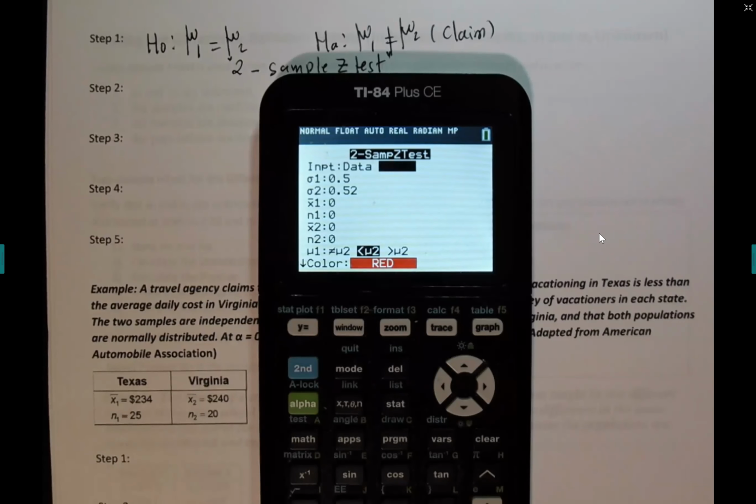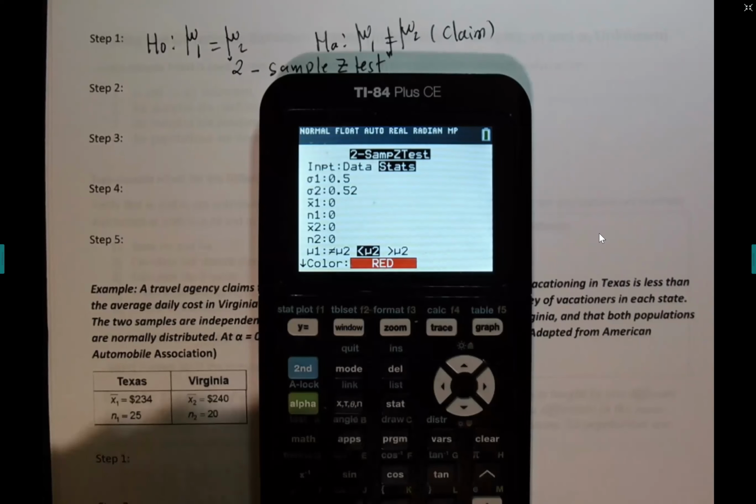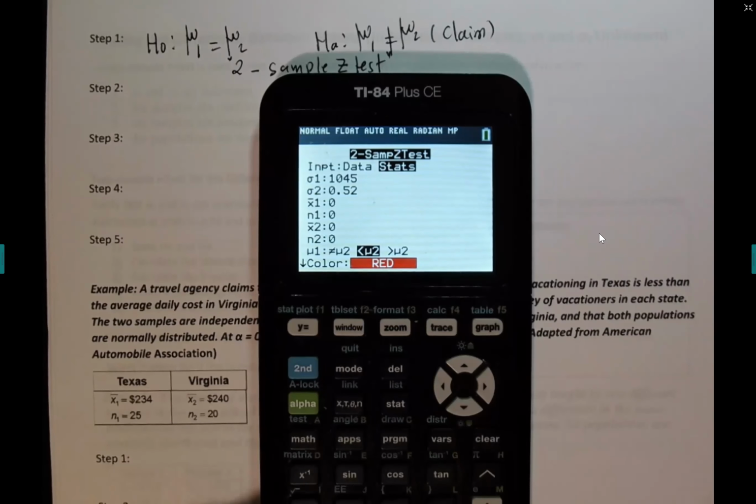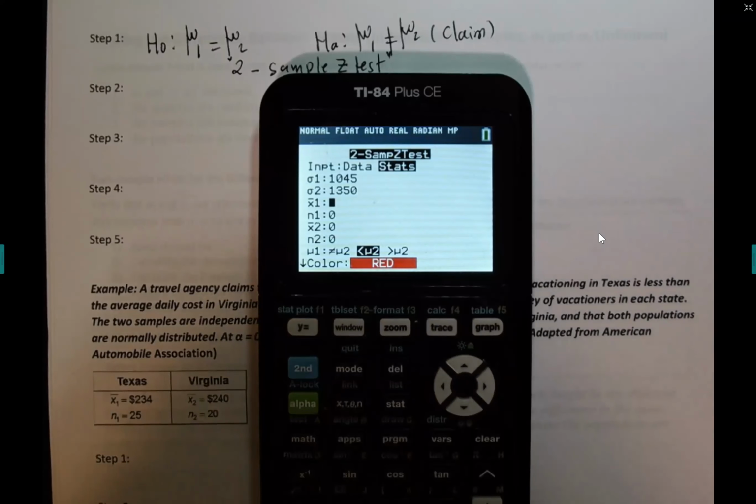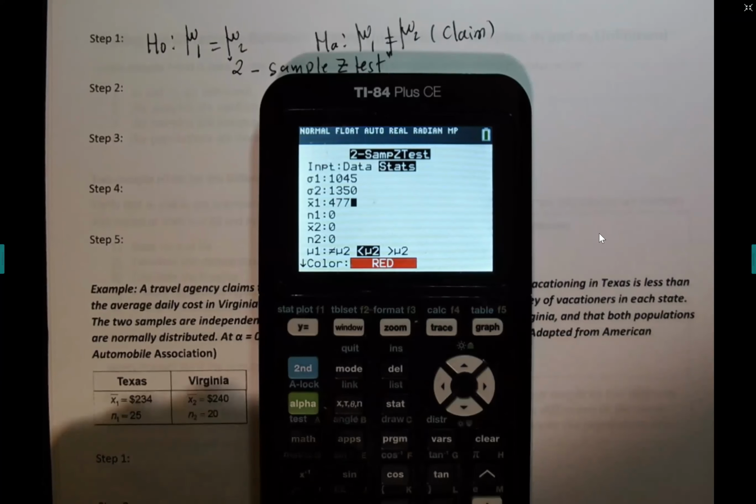Okay, he wants sigma 1. Sigma 1 is 1045. He wants sigma 2, 1350. X1 bar, you see now there are 2 of them. It was 4777.